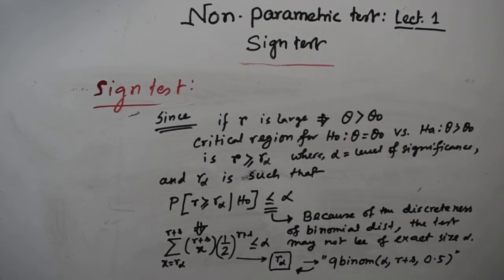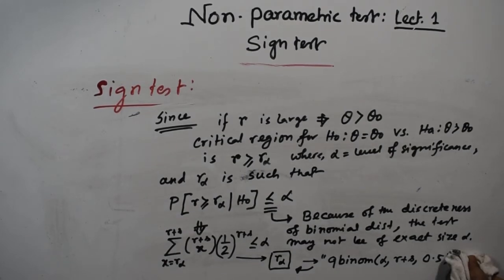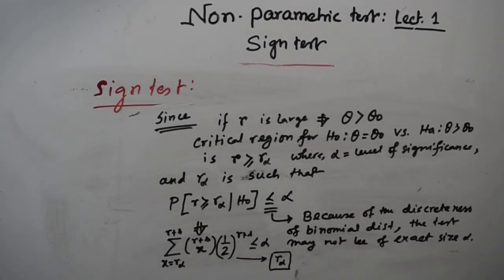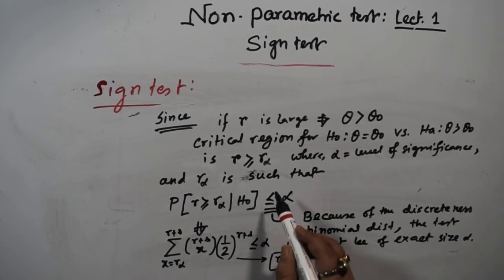Sorry, this is not correct. For R you should use it in a different way, because q binom is a CDF, cumulative distribution, or less than type probability. So first of all you need to rewrite it.